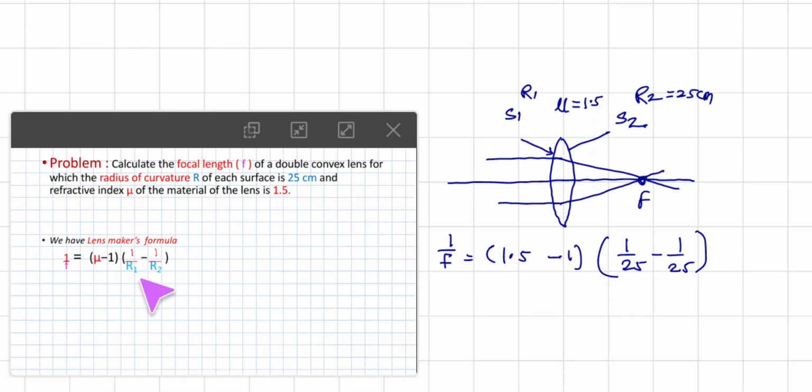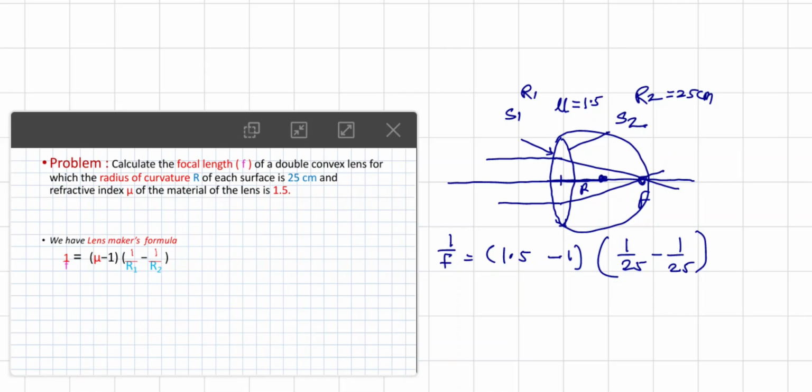Here you can see, this is the first surface which has a radius of curvature r1, and suppose this is the center of this circle. This r1 is to the right of the optical center, so r1 is positive.